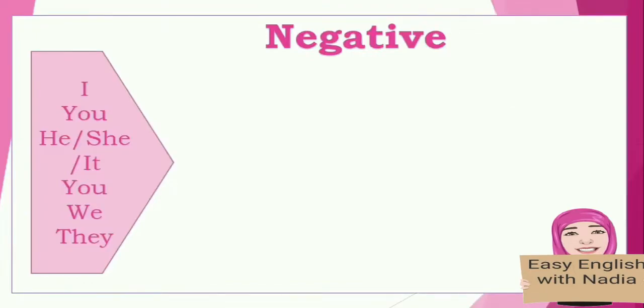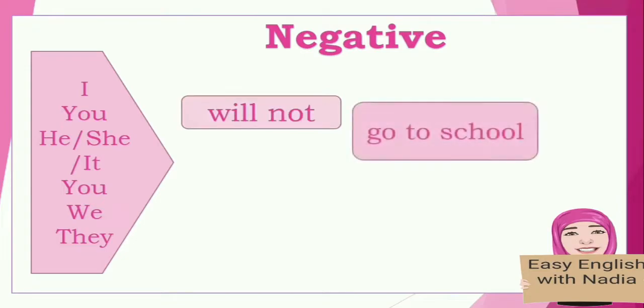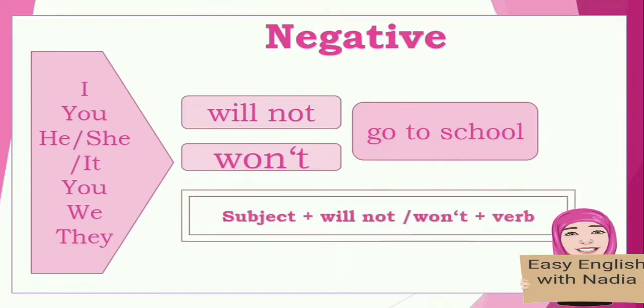Remember, I, you, he, she, it, we, they, plus will not, plus verb. For example, I will not go to school or I won't go to school. So, subject plus will not or won't plus verb.